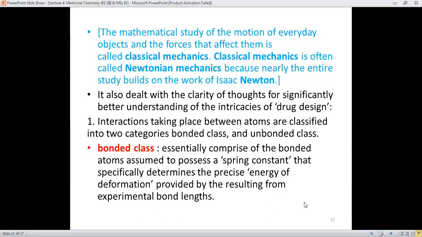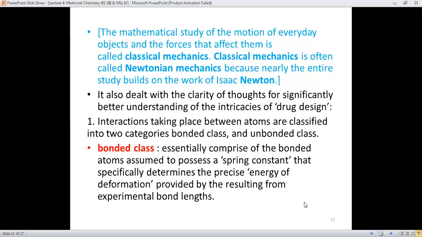Yes, molecular modeling is also dealing with some aspects of the drug design. Therefore, molecular modeling is important for understanding the intricacy, the very delicate steps and very delicate information, for the drug design.